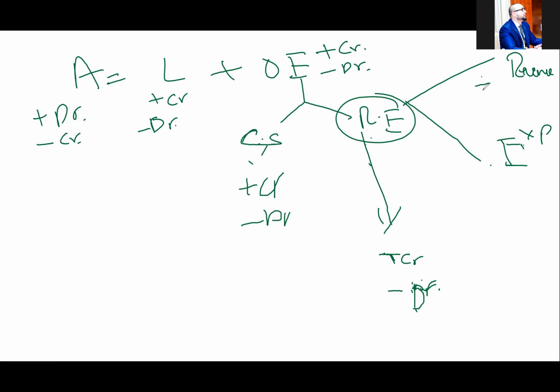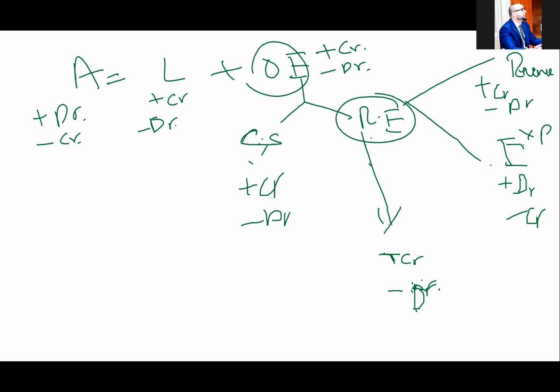Revenue increase, credit; revenue decrease, debit. Expense increase, debit, because an expense increase is going to decrease the owner's equity. So the nature is different. You just remember that one. Whenever there is expense, expense increase means debit, decrease means credit.